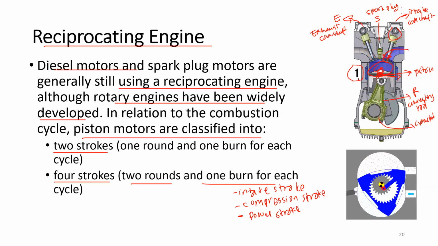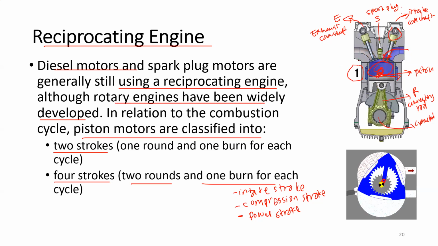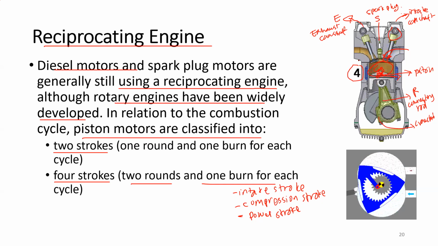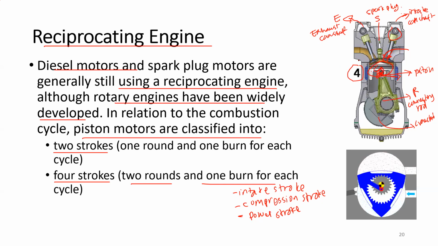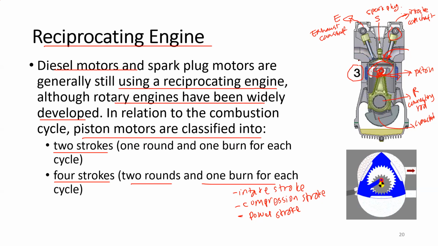When it reaches the top of the cylinder, the spark plug will ignite the air and fuel mixture, which forces the piston downward. Again, the crankshaft will rotate 180 degrees, and the camshaft will rotate 90 degrees.